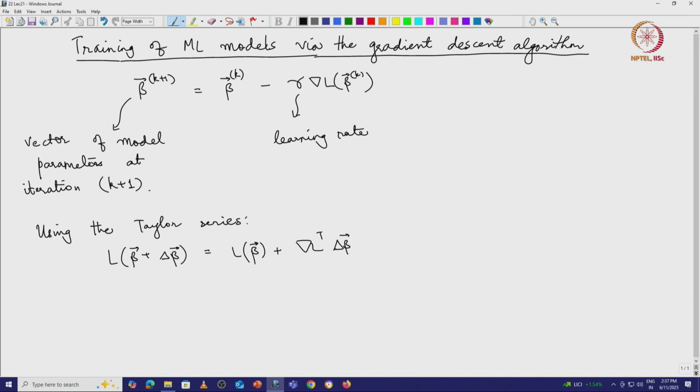This is basically trying to emulate a dot product, and then you had half delta beta transpose the Hessian times delta beta. And we said that at a minimum this gradient term is 0, the gradient is close to 0 at a minimum.